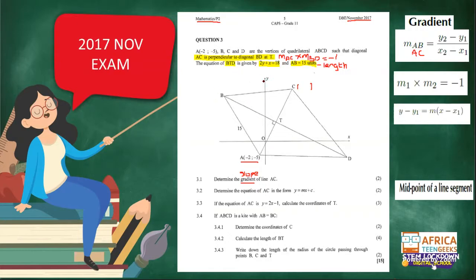So what if you only have 1 point and you have that, how would you get the gradient of AC? How would you calculate the gradient, guys, if you only have 1 point? Just look at the statement and what we are given and try. What information can we use to find the gradient?